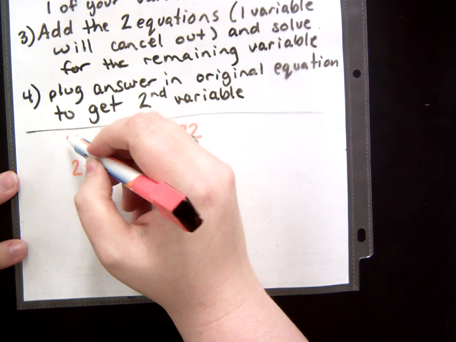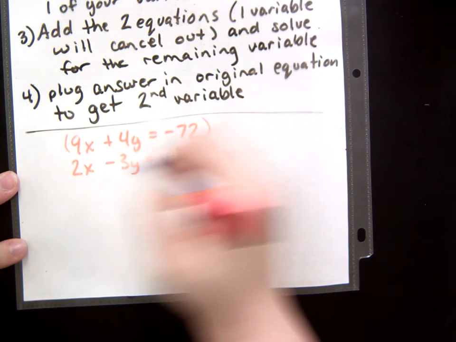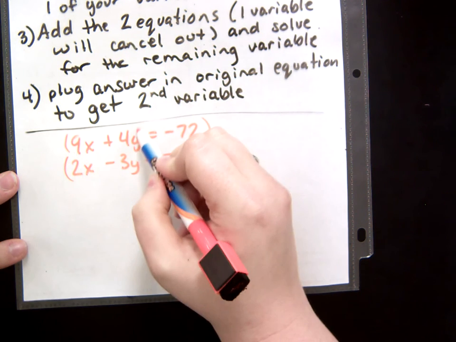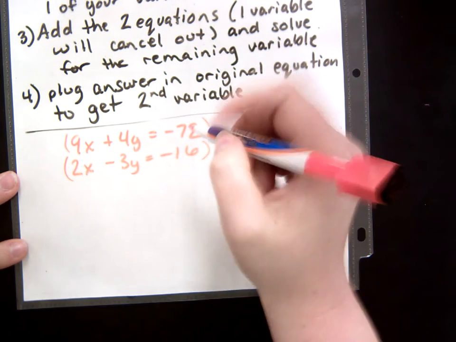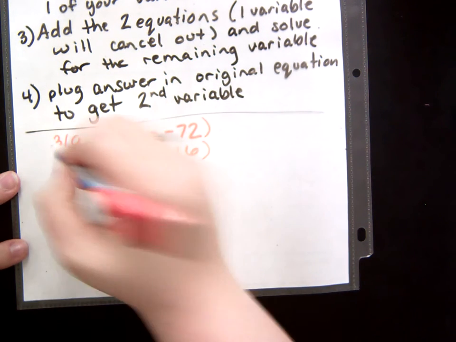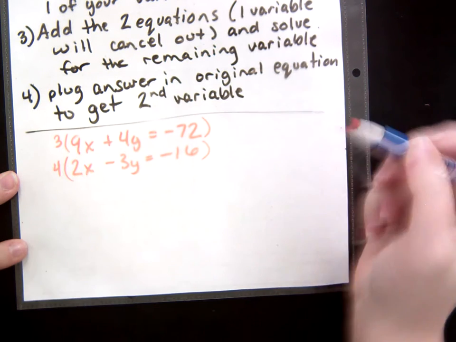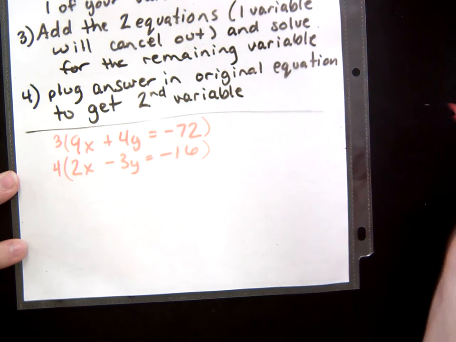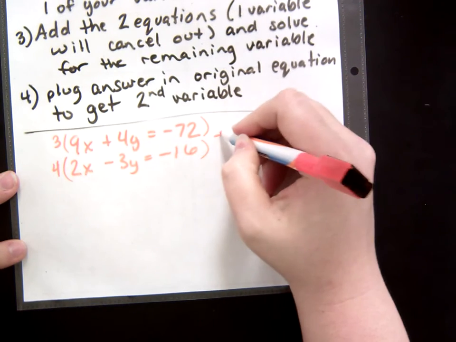Or you can multiply both equations by a number to make it cancel. So, for instance, if I wanted to cancel out my y's, I can multiply the top equation by 3 and the bottom equation by 4. Because if I do that, I'll get 12y and negative 12y, which cancels out.